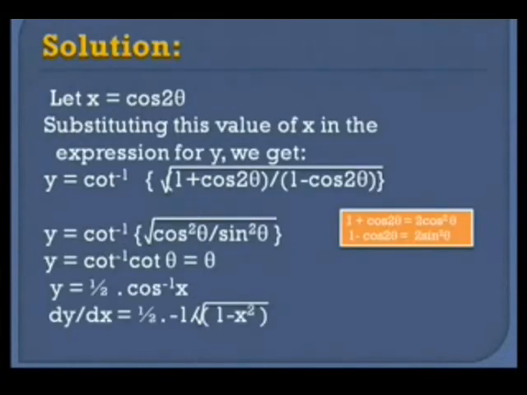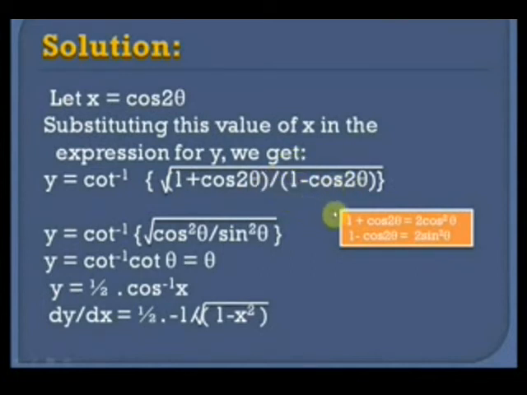So let's substitute x equal to cos 2 theta. Now why we have substituted x by cos 2 theta will become more clear when we look further at the solution. So we put this value of x in the expression for y to get y equal to cot inverse of under root of (1 plus cos 2 theta) divided by (1 minus cos 2 theta).